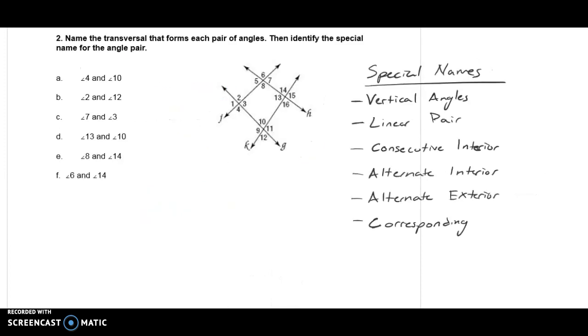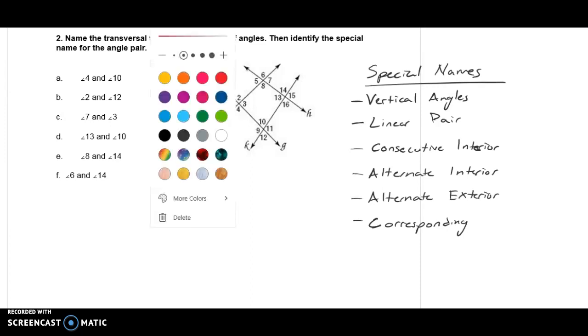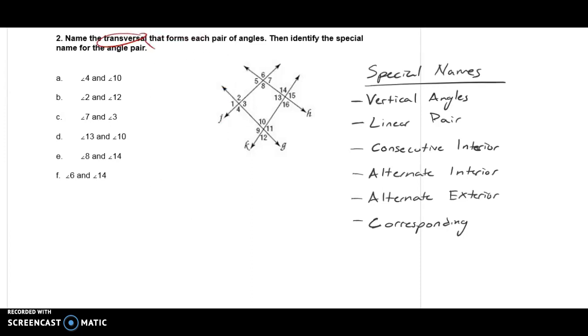And the last one states, name the transversal that forms each pair of angles, then identify the special name for the angle pair. The transversal is a line that touches both. So we're going to find the one that touches both of them. For example, 4 is here, 10 is here.